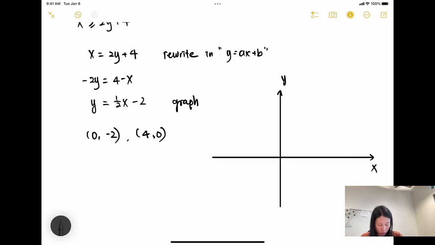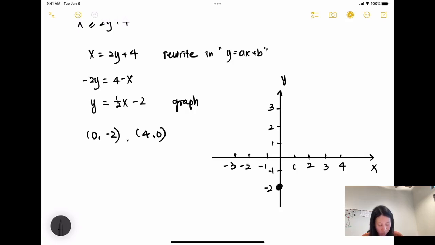All right, so the first point I have is 0 and negative 2, in here.